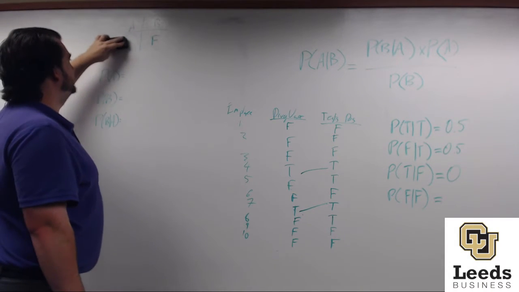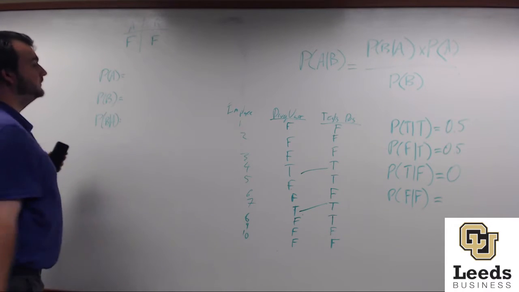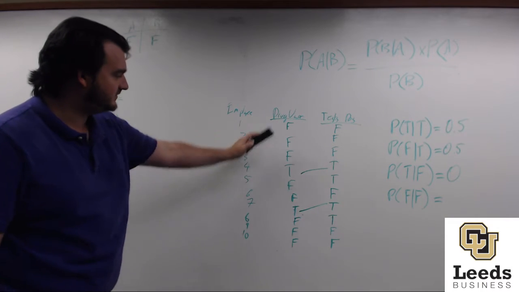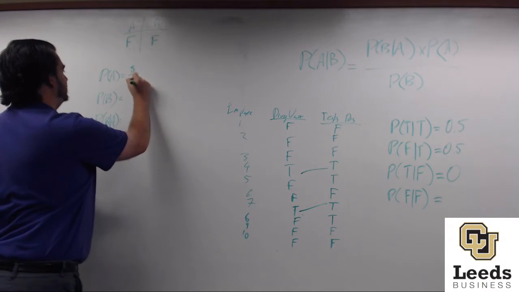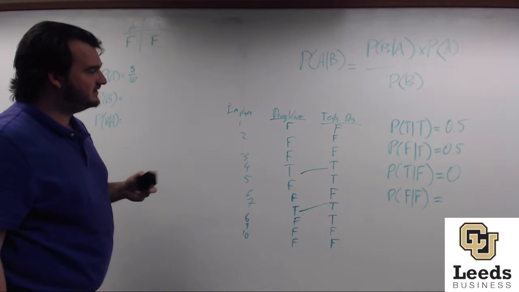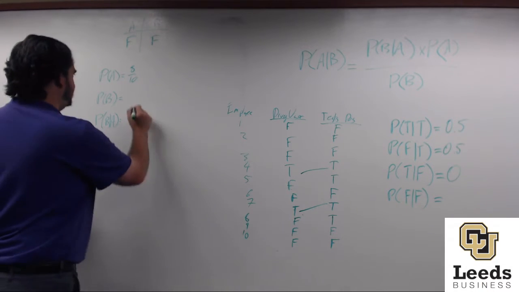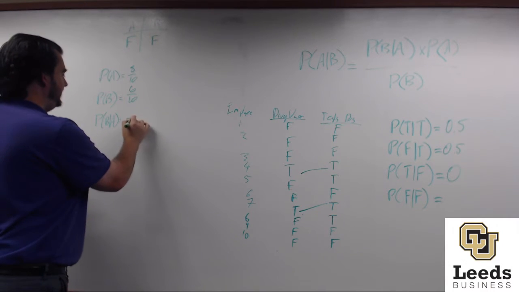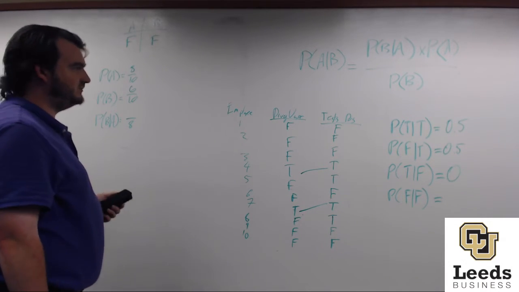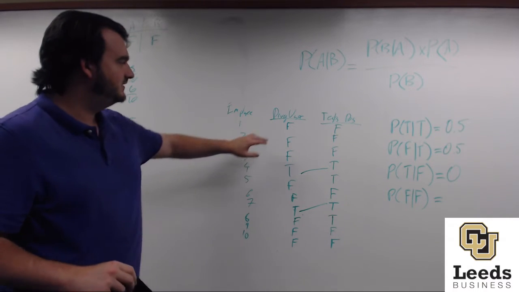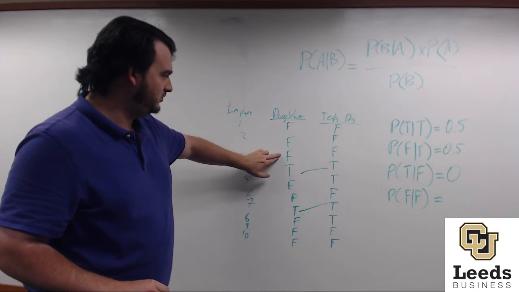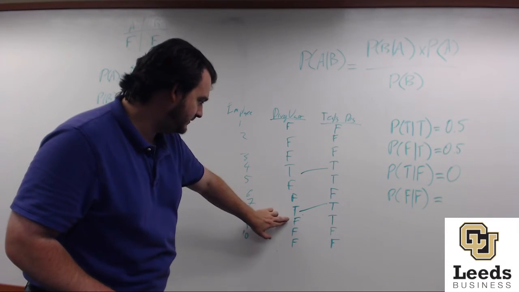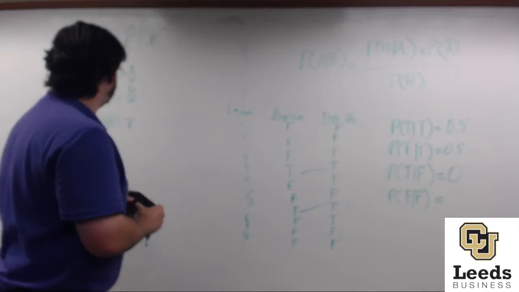And very last one, F and F. So how many times is drug use false? 8. How many times is test positive false? 6. Of the times that it is actually false, how often does the test say it's going to be false? 1, 2, 3, 4, 5, 6.